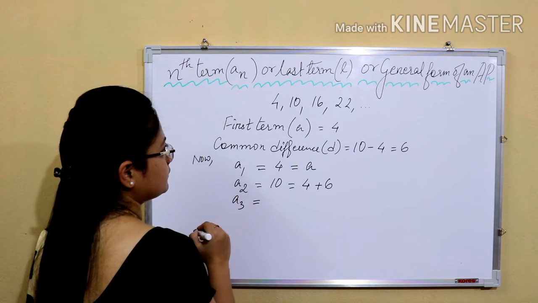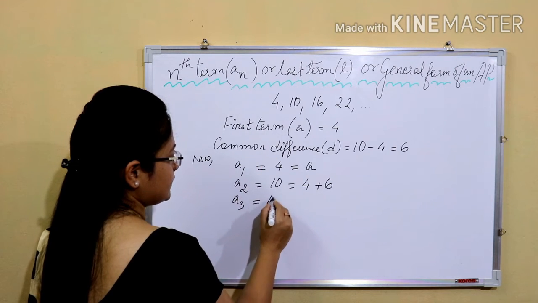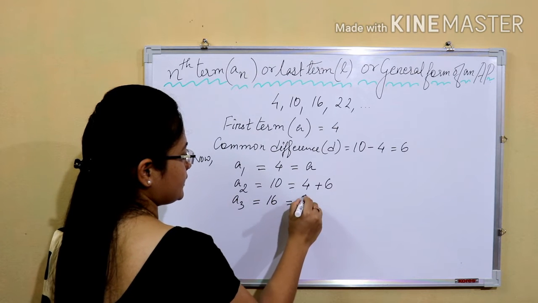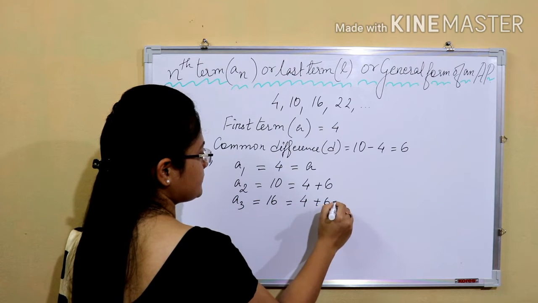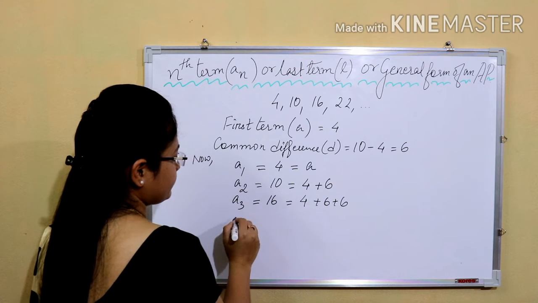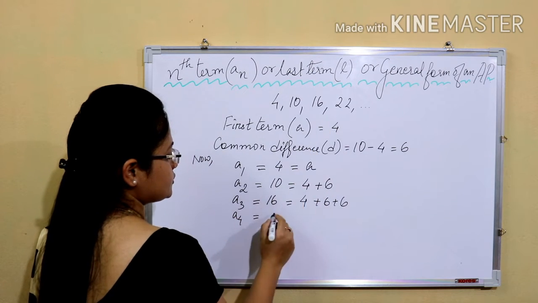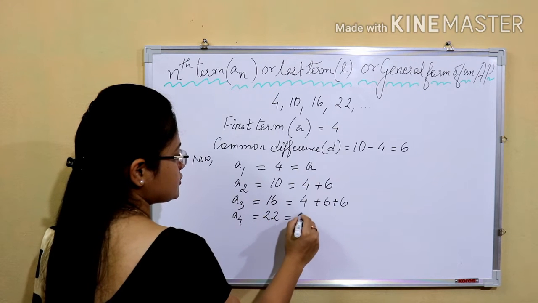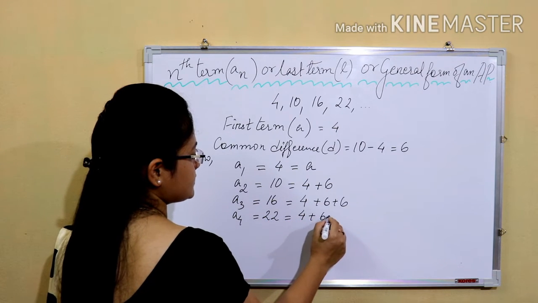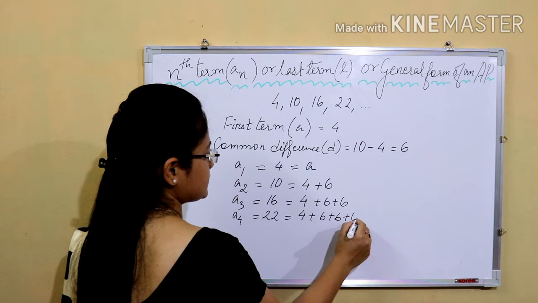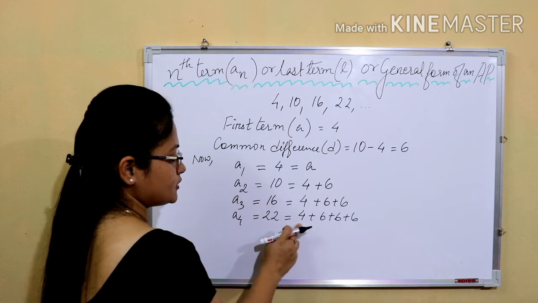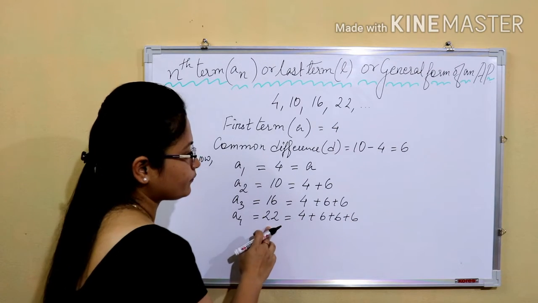A3, third term, in this case it is 16, which can be written as 4 plus 6 plus 6. A4, which is a fourth term, in this case it is 22, which also can be written as 4 plus 6 plus 6 plus 6. Obviously, if you add these numbers, you will be getting 22.